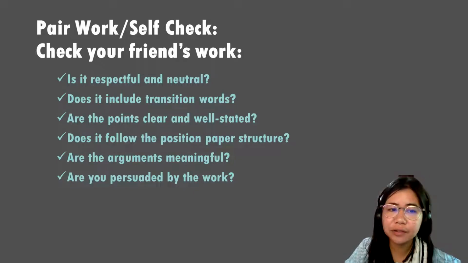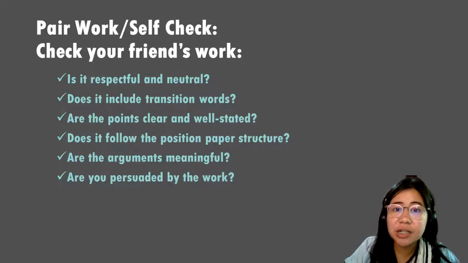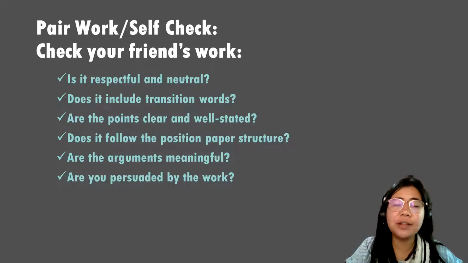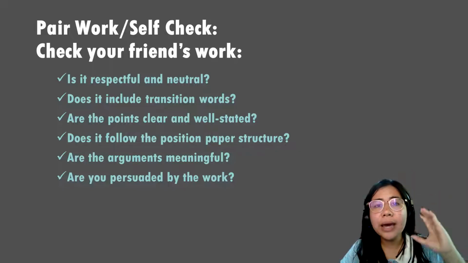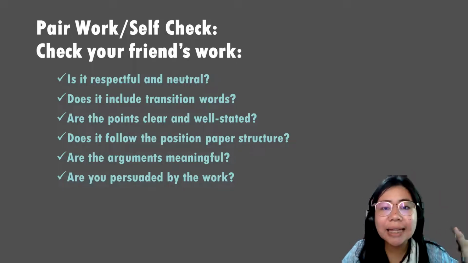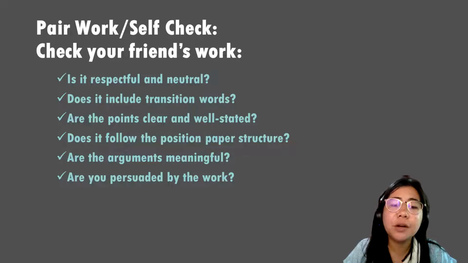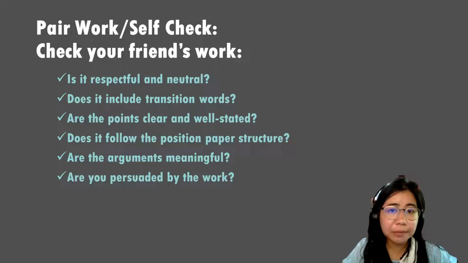Okay, so you have to check if you have transition words. And you have to also check if the points are clear and well stated. And of course, you have to check if it follows the format for a position paper, with topic info, and then followed by your stand and your recommended course of action for the problem. Are the arguments meaningful, or are you persuaded by the work?